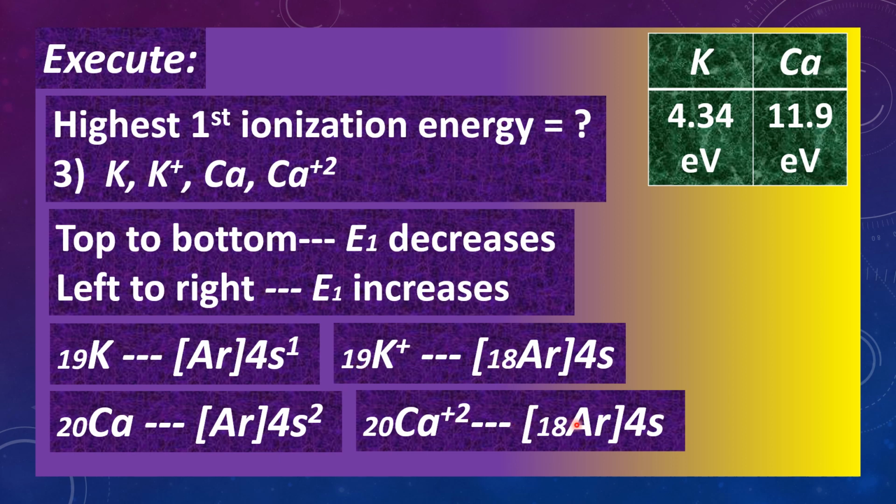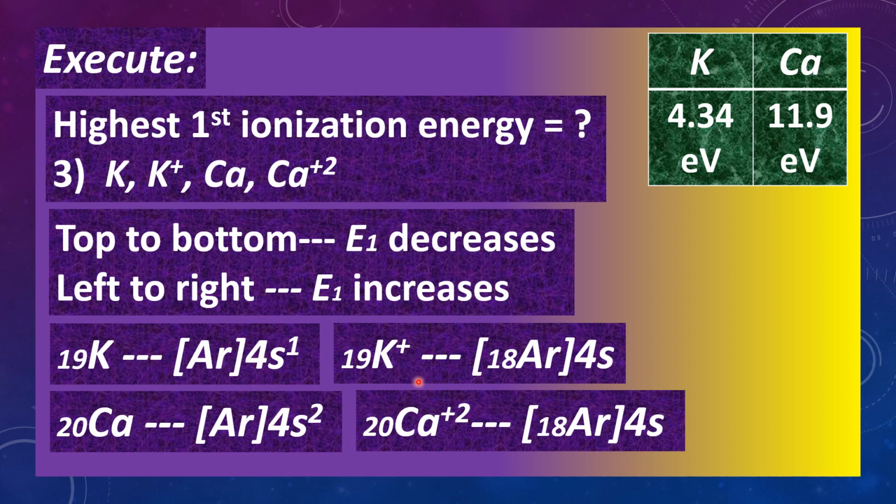As far as first ionization energy is concerned, you have already established that the calcium atom has a greater first ionization energy than the potassium atom, and we have explained that earlier.